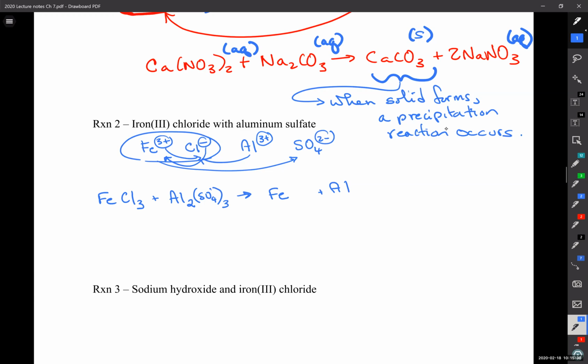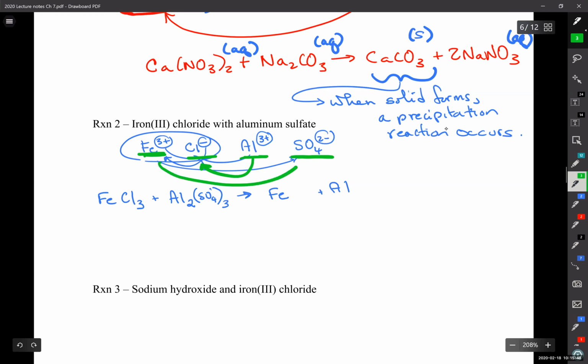Now I'm going to do the product. For the product, I'm going to do the iron with the sulfate, and then I'm going to do the aluminum with the chloride. So if I put the iron with the sulfate, you notice I have the same problem.